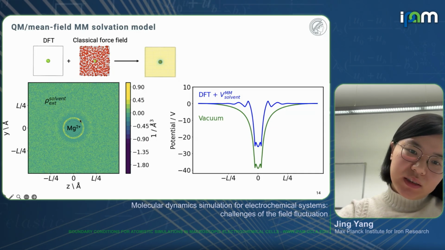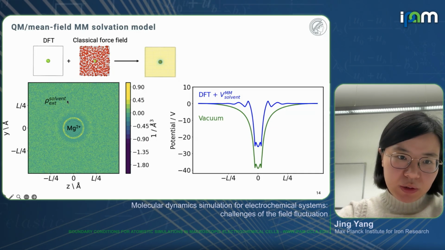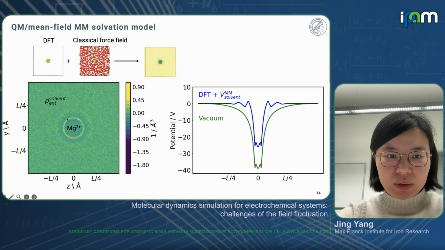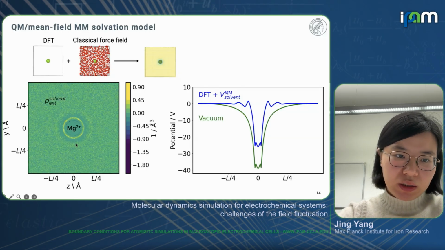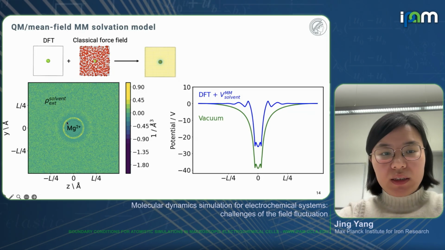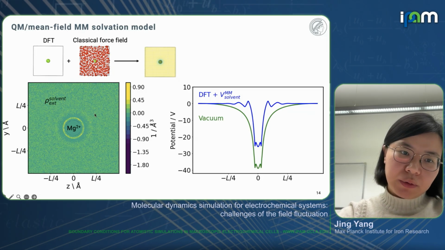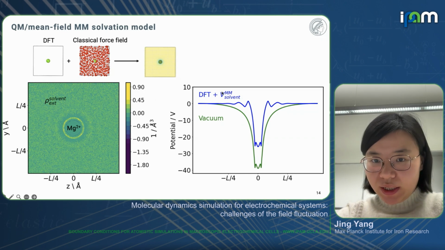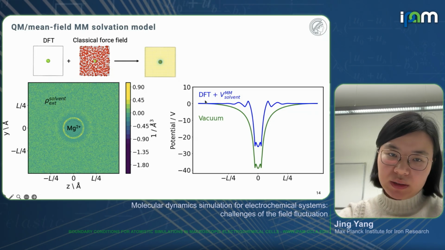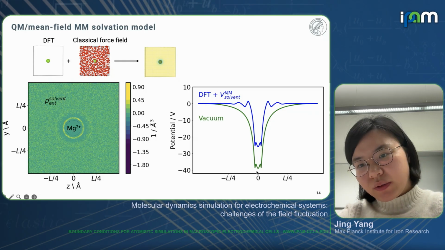And here, this is the total charge density that we're getting. So you see these rings around this magnesium 2+. These are showing the solvation shell forming around this magnesium ion. And then on the right, we have the potential profile comparing the vacuum case versus the screened case. So in the vacuum case, you have this parabolic behavior.